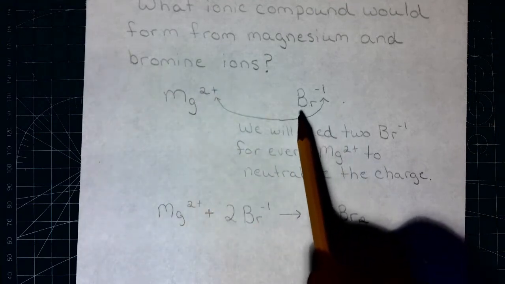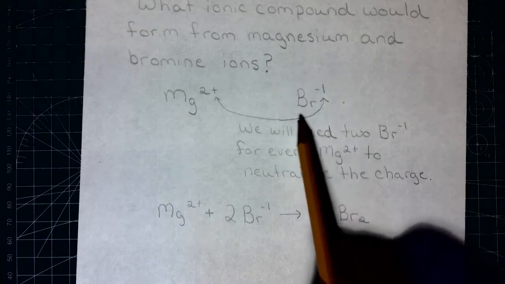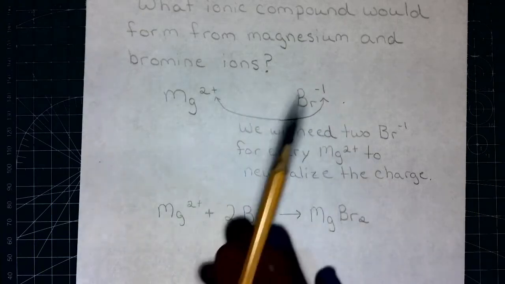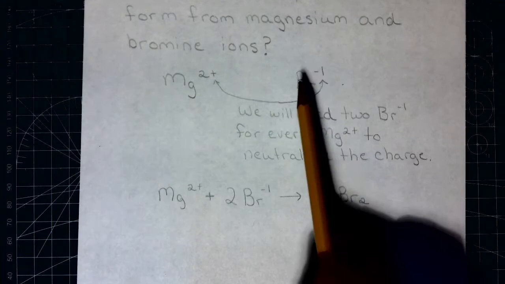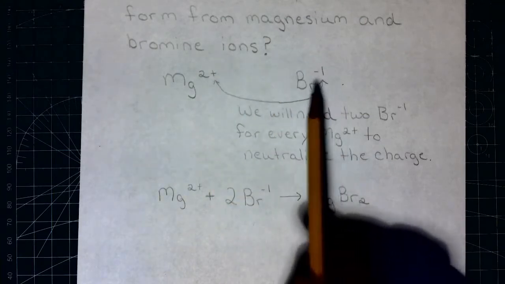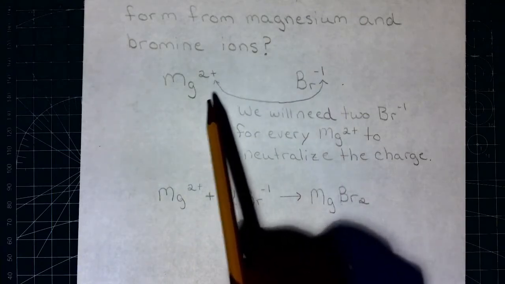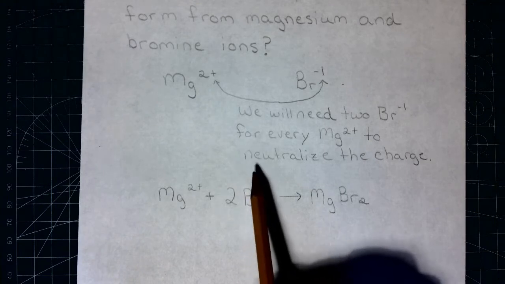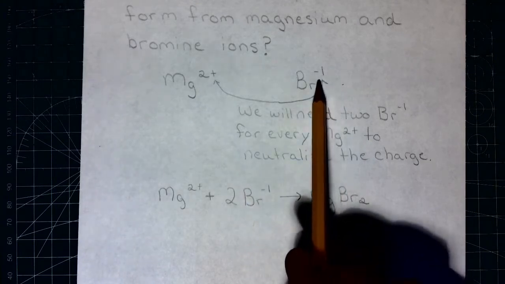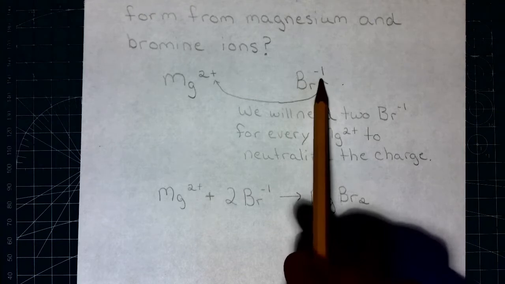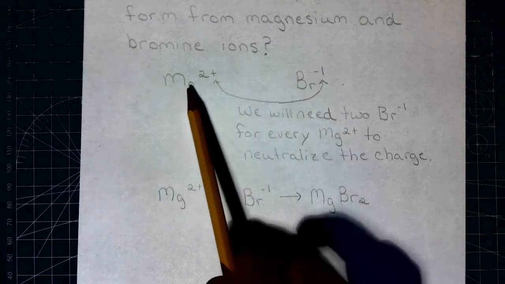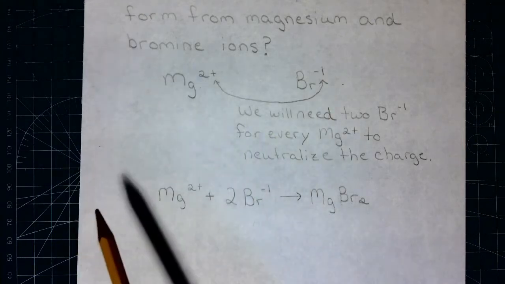And bromine, as one of the halogens, it's going to have a -1 charge. And we need to combine these together in such a way that we get a net 0 charge. So that means that we're going to need 2 of our bromines, because they're -1, to neutralize the 2+ on the magnesium.